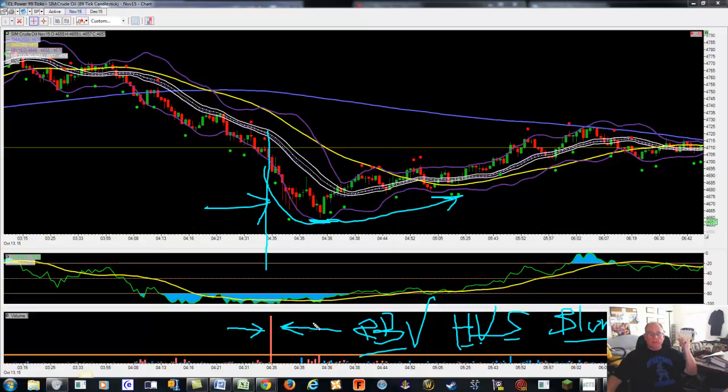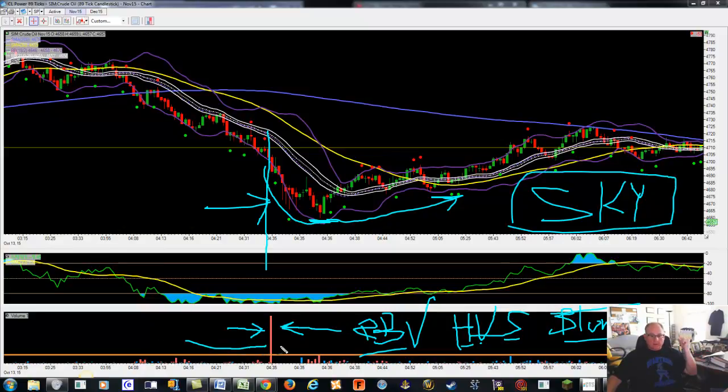It looks like a skyscraper, so basically I call this HVS. Another way you might have seen this on some of my videos is I'll call this sky, which stands for skyscraper. Alright, and it looks like a skyscraper because there's nothing around it. It's all by itself, and this is the way it normally looks when you see blow off volume.